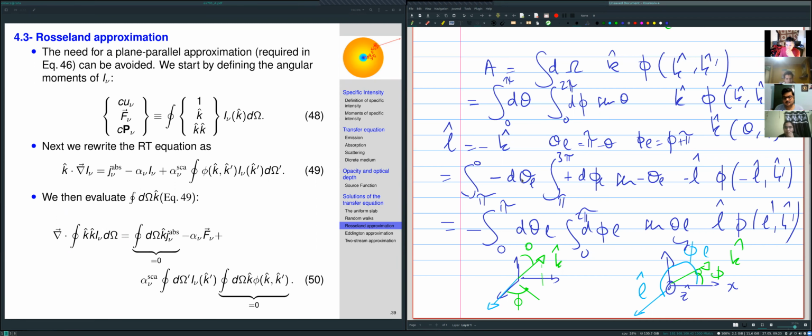But the d theta, when I change it to d theta L, it's got a minus, no? Yes, when I change it, that's what I mean. So this is pi. Oh, right. Sorry, I didn't see it. So I think this is a new variable.